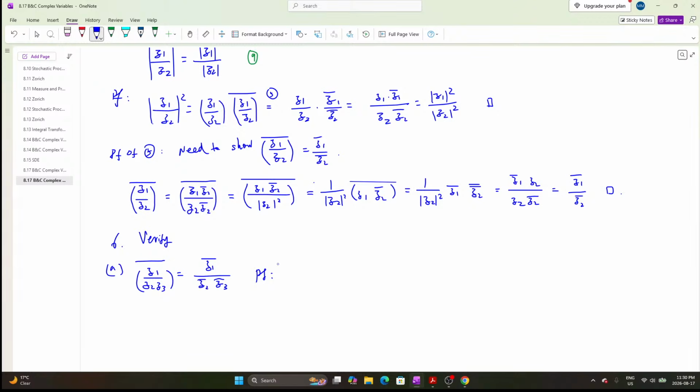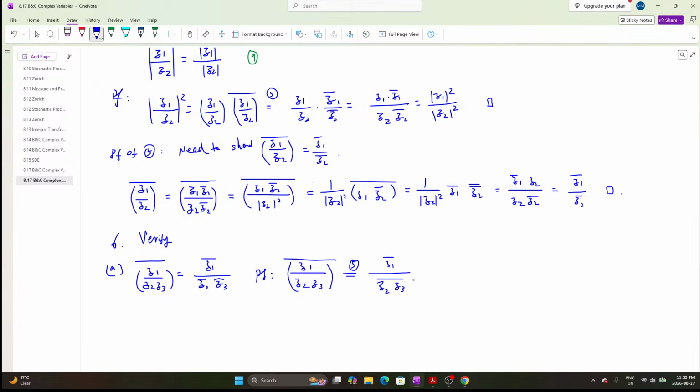So first, let's use 5, the property we just proved. Take the conjugate of z1 over z2 z3. Using 5, you have z1 bar over the conjugate of z2 times z3.